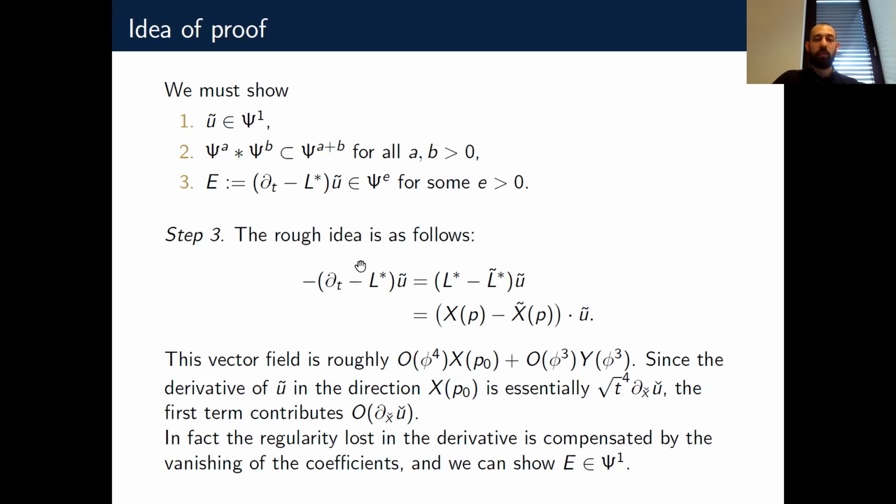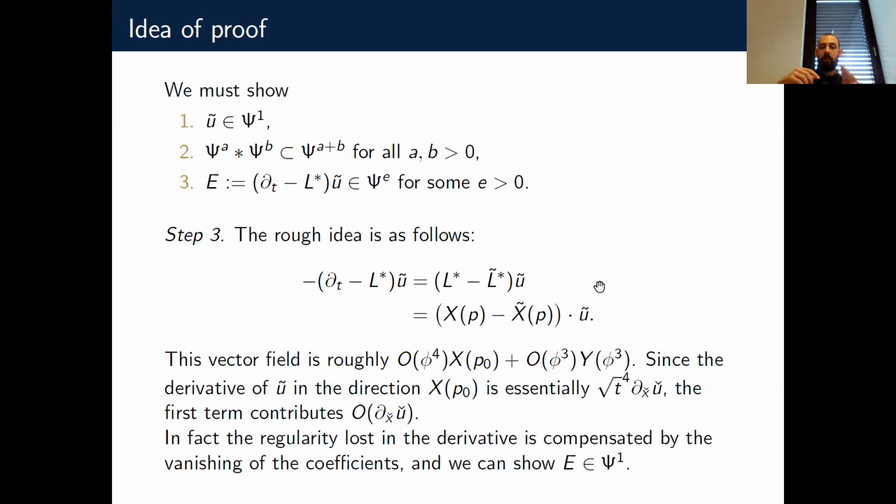So the error I commit is the same thing as just the difference of the operators, or the adjoint of the operators applied to u. And this is just my x minus its approximation, right? The phi minus approximation is just 0. And everything was done so that it would work, right? And the plan is, when I take the derivative of u in a certain direction, since u in the right coordinates is u check, I'm going to get the derivative of u check times some time singularity that's coming from the good direction, right?